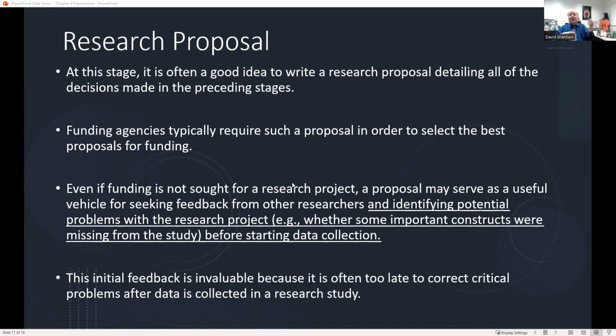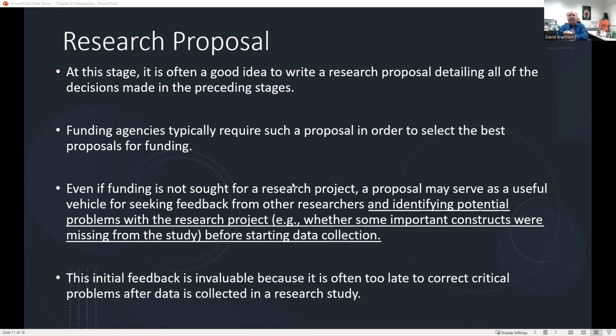If you're getting funding, you almost certainly will have to have this proposal saying, I'm going to answer this question, I'm going to use this methodology, this is how I'm going to collect my data, this is how I'm going to operationalize my constructs, and so forth. That plan goes down in a research proposal. And funding agencies, if they want to fund your research, for instance, you need money for a survey, those funding agencies are going to read that proposal.